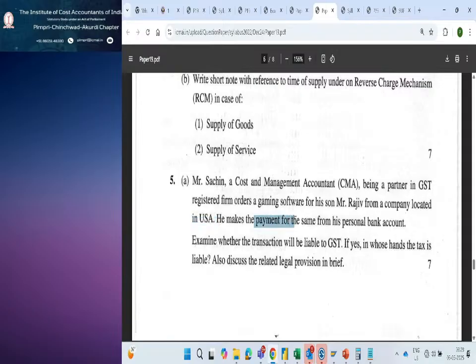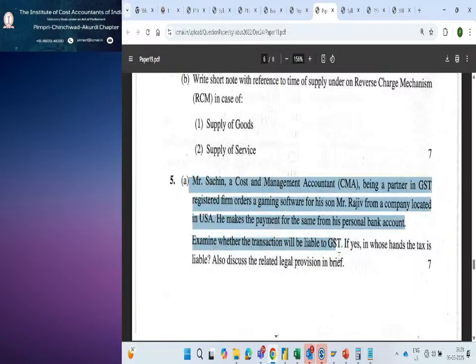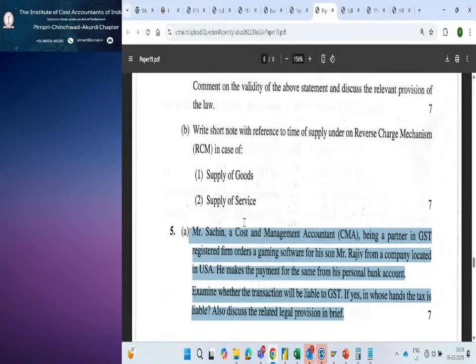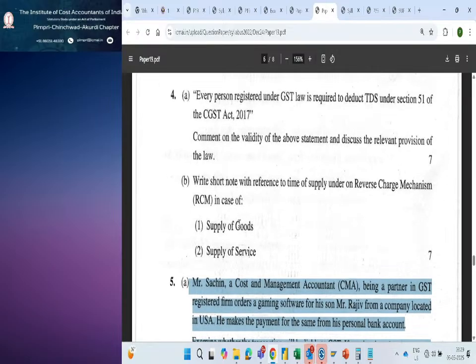He makes the payment from his personal bank account. Is the transaction liable to GST? So these types of justifications, from our point of view, how are we going to present them. We will see these problems, and a few schemes, in half an hour.